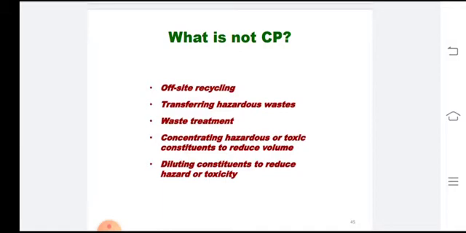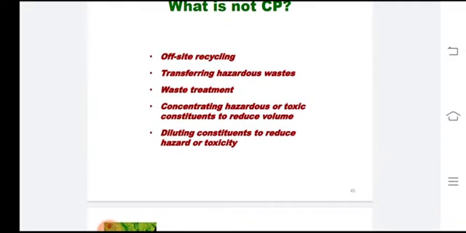But if we are bound to conduct a treatment, then it means that the processes need to be revisited. We need to improve our processes. Those processes can only be improved by adopting cleaner production.